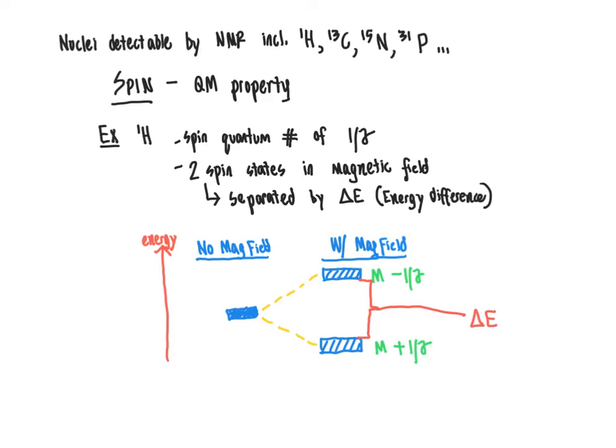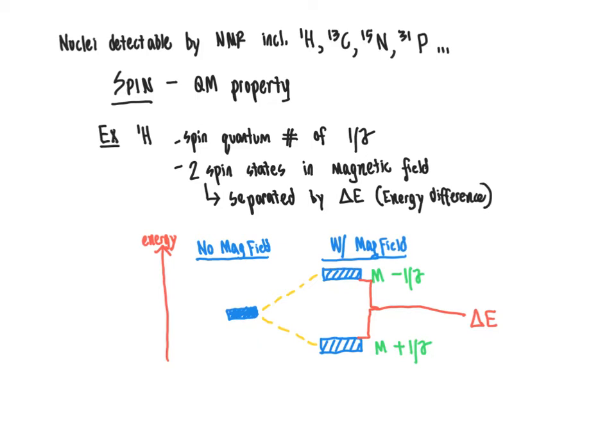Now keep in mind that this NMR signal, this delta E value, is very, very small. And its very small magnitude is going to create some challenges in terms of developing a full NMR spectrum for a compound and determining the chemical structure of the compound.